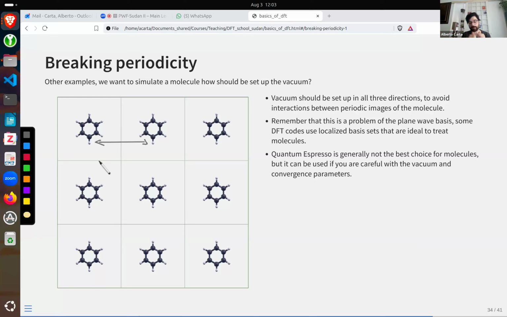For a crystal we can deal with very small simulation boxes, but for molecules we need to give space for the system not to interact with its periodic copies. So we need a lot of vacuum between the various molecules.